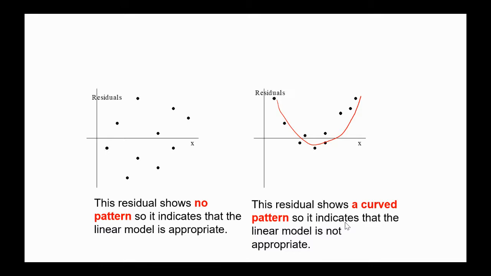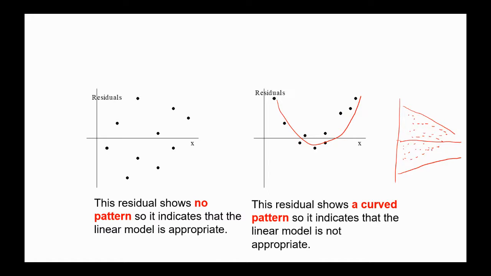We're not going to worry about this one in this class, at least not right now. But there's actually a third shape you would want to look out for. You don't have to put this in your notes unless you want to know extra. If you were to draw lines, they would have a wedge shape.